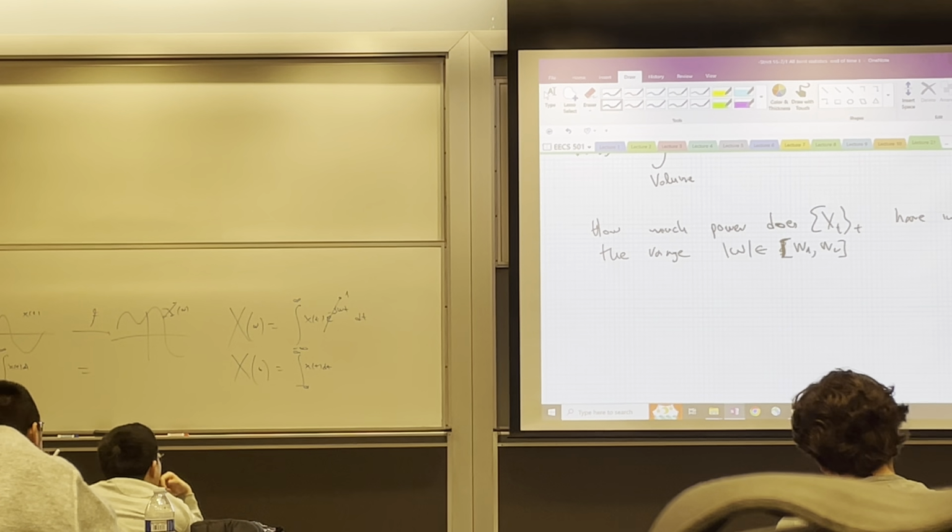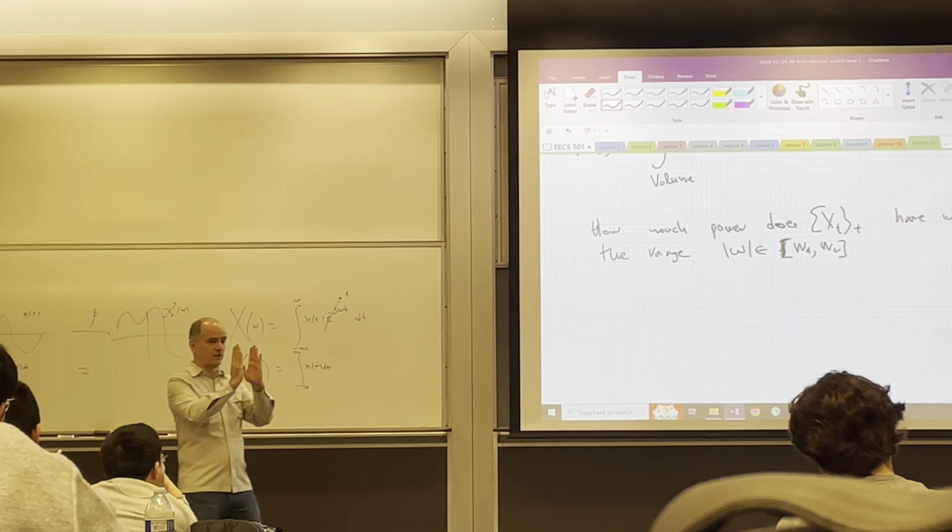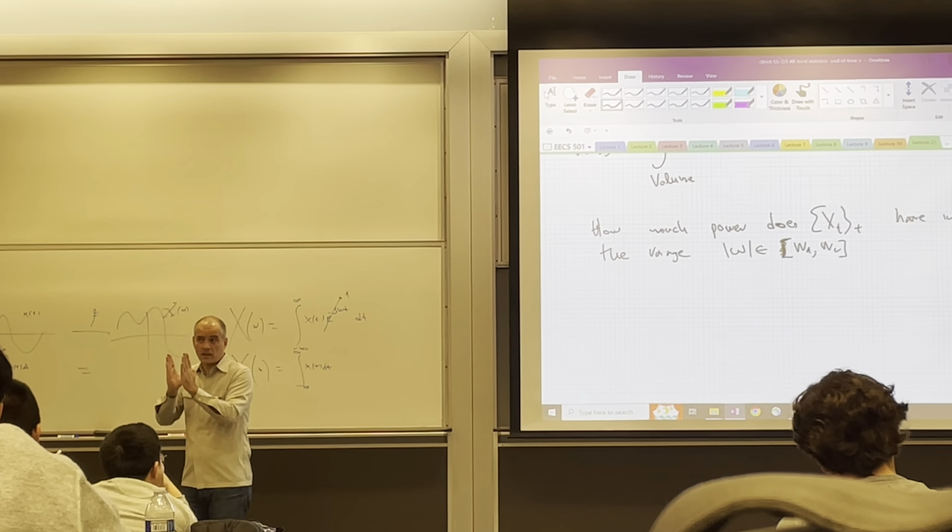How can I measure that? So I have this x of t, but I want to measure its power over only a certain frequency range. Here's what I can do.